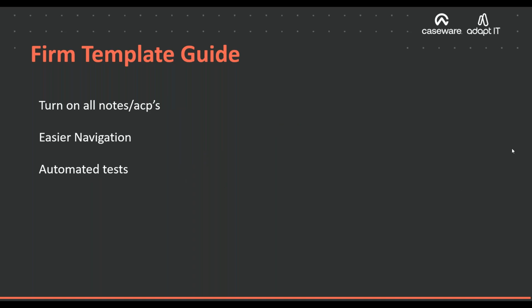I think we're going to continuously look to add more automated tests. I think we want to put you in a position where you are confident before you release the template to the firm, that when it goes out there, it doesn't have to be a subsequent release. The automated tests are the area that we're going to expand.